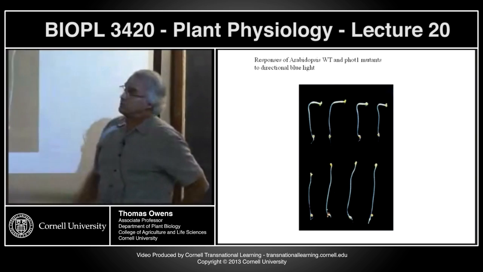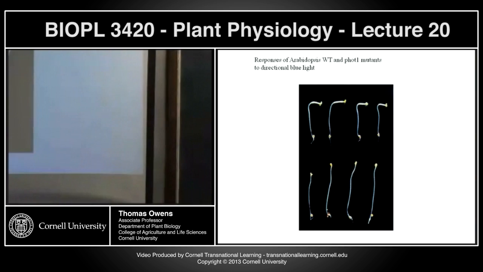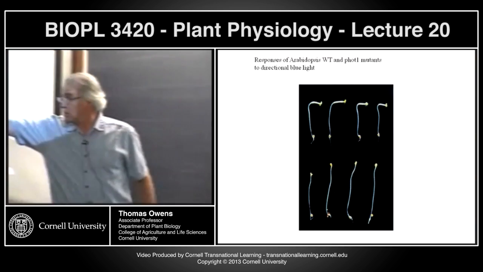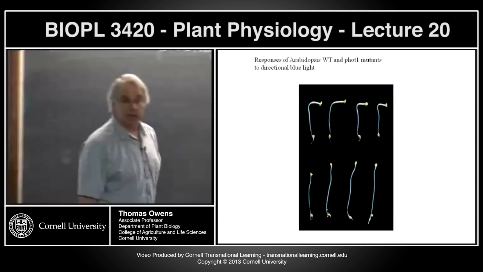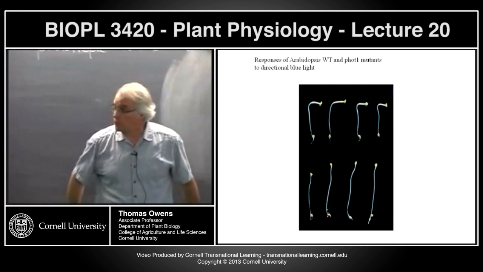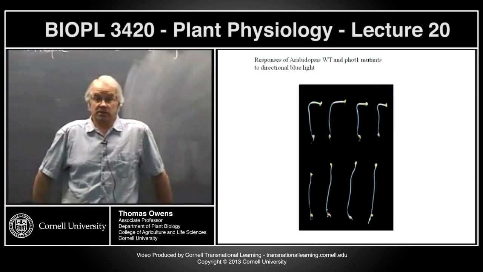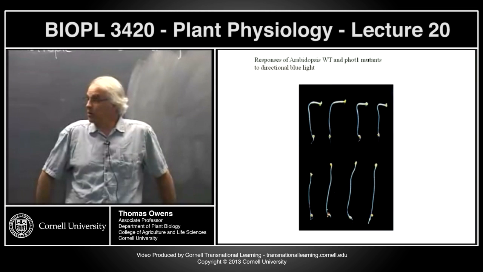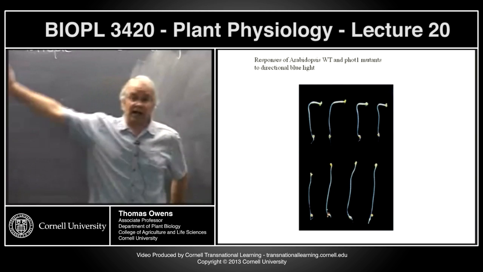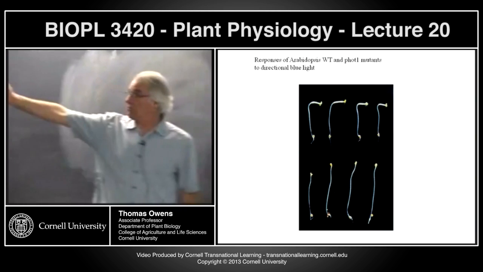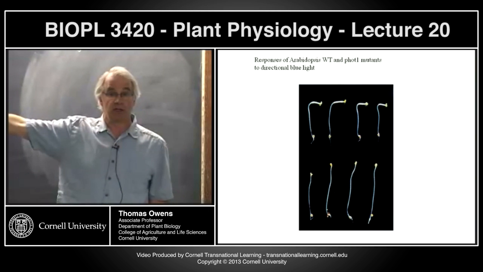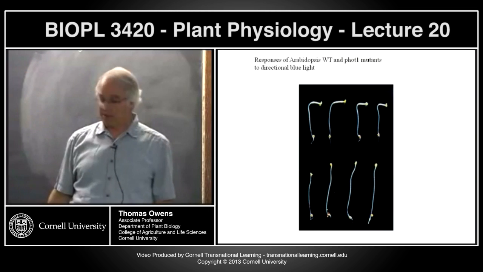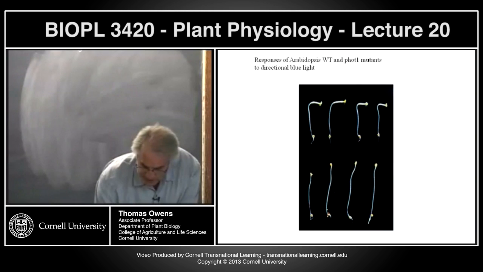So obviously bending in response to light that's coming from the right. This is the high 4 mutant that the textbook talks about. We'll come back to it in just a little bit. A mutant that under directional light does not respond by bending. Okay, so this is obviously some mutation that is affecting somewhere in the signal transduction pathway between the receptor and the response. And we'll figure out what that is in just a minute.